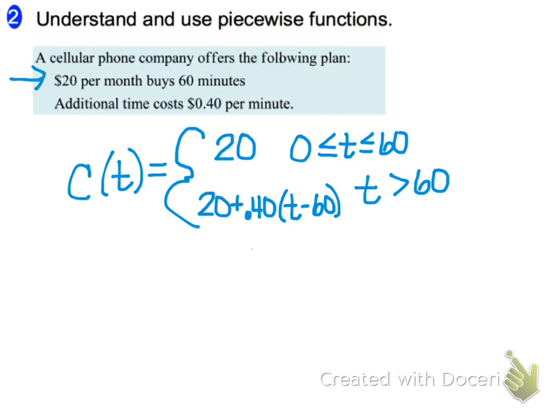That would be the second part of the function. So we have $20 plus 40 cents times the difference from our original 60 minutes. Again, notice that there are two different pieces depending on your t value. Your minutes will tell you which of those parts to look at. That's why it's called a piecewise function, because it has two different pieces.